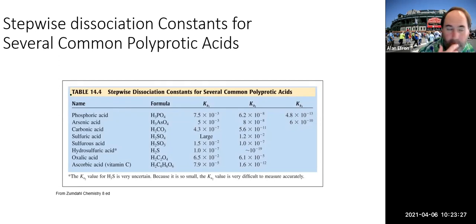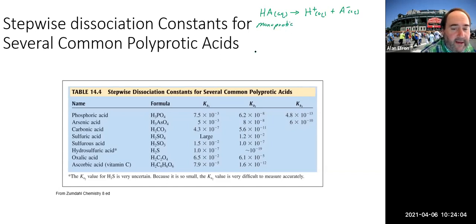So we're going to then talk about what happens with polyprotic acids. As we touched upon a little earlier in this chapter, polyprotic acids are acids where we have more than one H plus that will come off. Remember, generically speaking, HA will give away an H plus and an A minus, and that is a monoprotic acid.